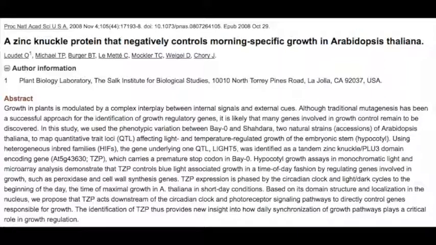This protein got its name from its domain composition. More than half of the protein, the N-terminus, is considered to be unstructured or disordered, and towards the C-terminus of the protein there are two zinc fingers, a tandem zinc finger, and a plus-3 domain, therefore TZP.